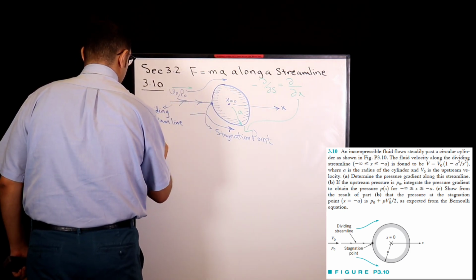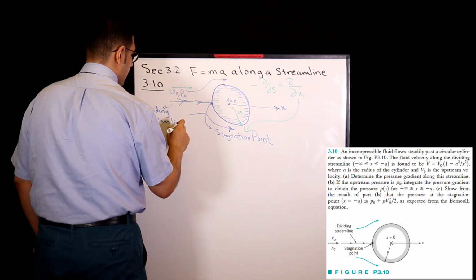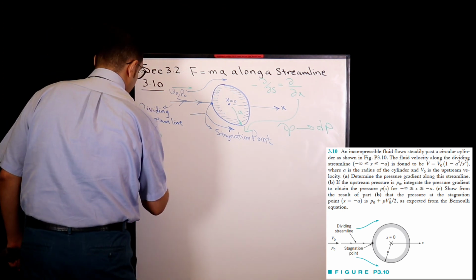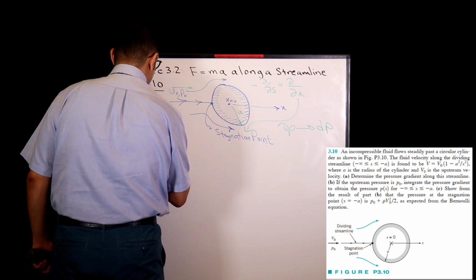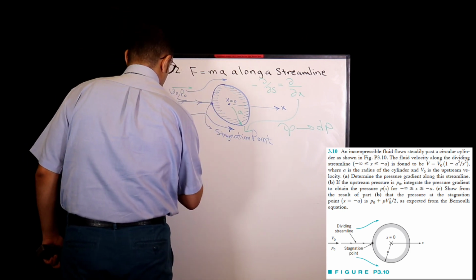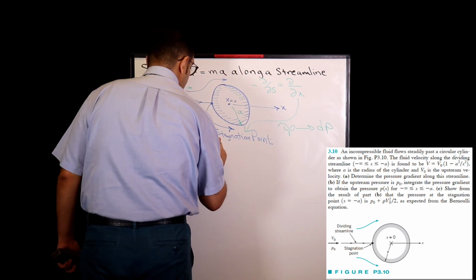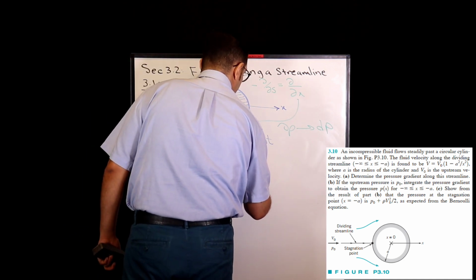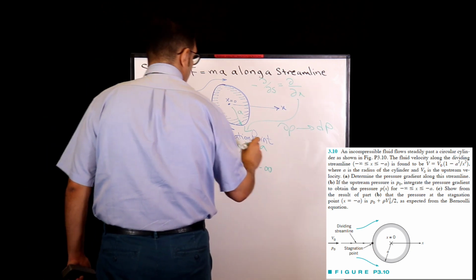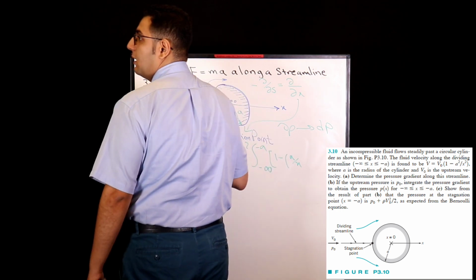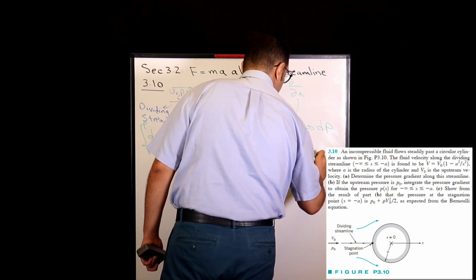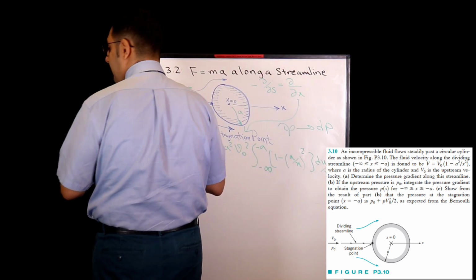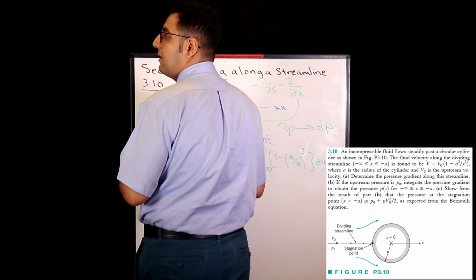The integration of dp, because we're analyzing everything in one dimension, so we can transfer ∂p to dp, from p0 to p, is equal to p minus p0 as minus 2a to the power 2 V0 to the power 2 times the integration from minus infinity to minus a of 1 minus a over x to the power 2, excuse me, this is 2, over x to the power 3 dx.